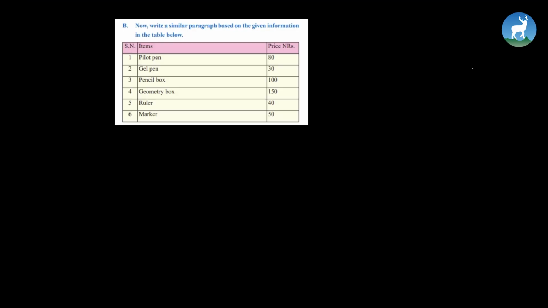Based on what we have just read, write a similar paragraph based on the given information in the table below. So firstly, explain what the table is about, do some quick analysis and comparisons of prices, and lastly, try to find out the higher prices and also explain which things are costlier and cheaper.